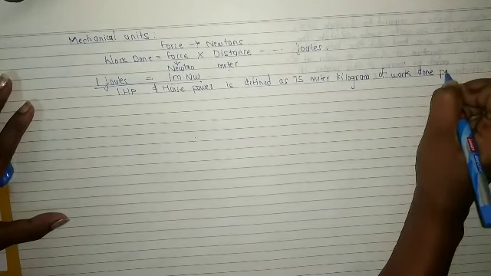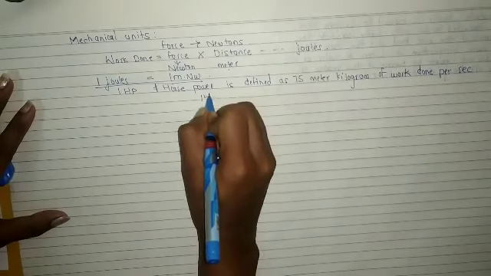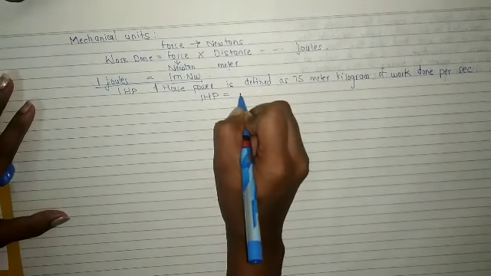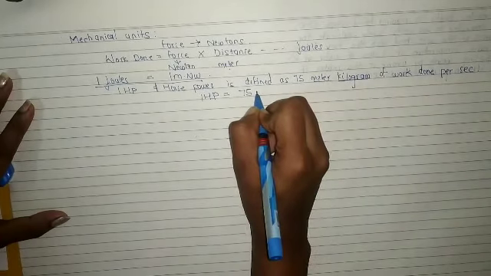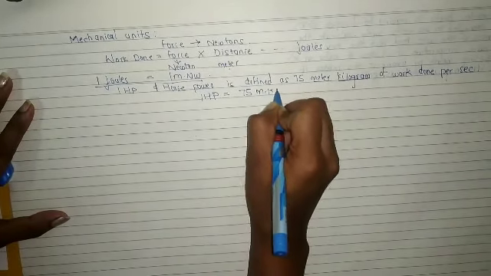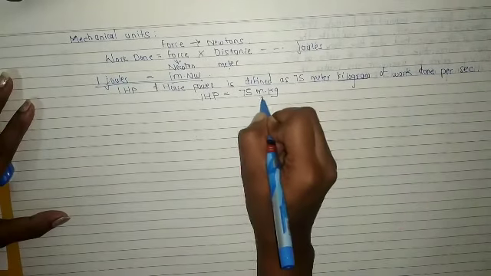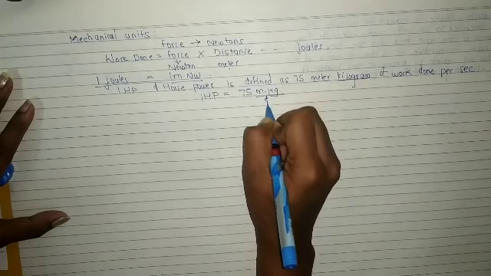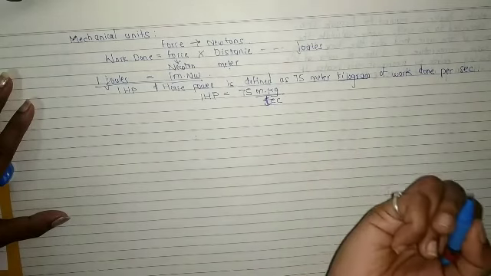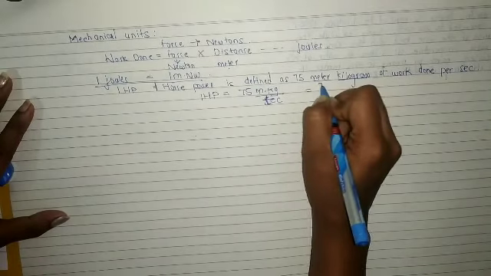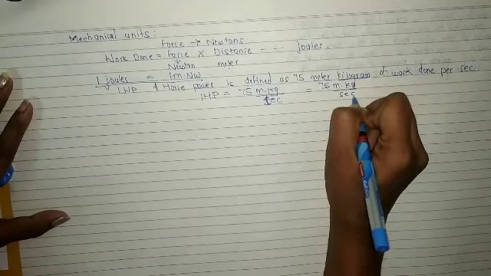So 1 HP, that means 1 horsepower, is equal to 75 meter kilogram of work done per second. Here the time is given in seconds.